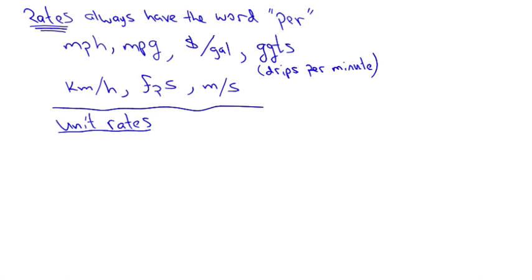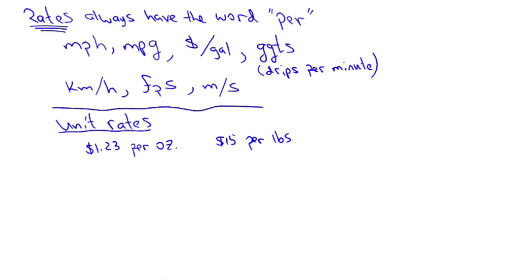So if you have something that is $1.23 per ounce, and you have something else that's $15 per pound, to compare these two, since they're written as different rates, you have to convert them into the same rate.